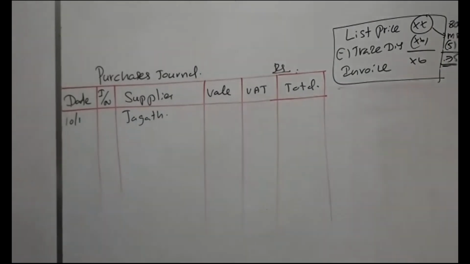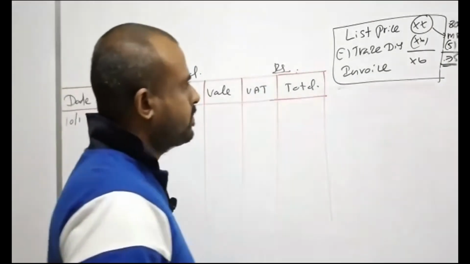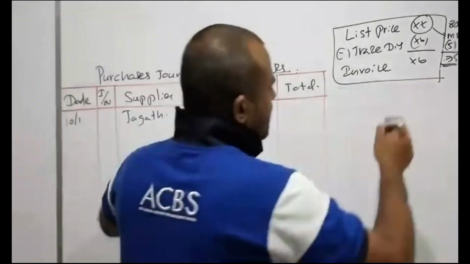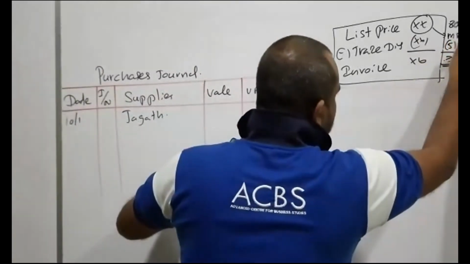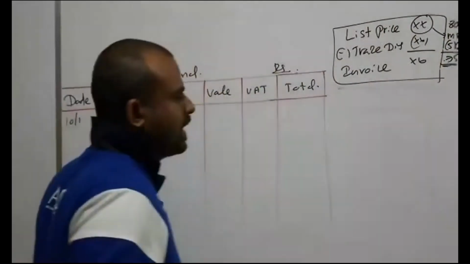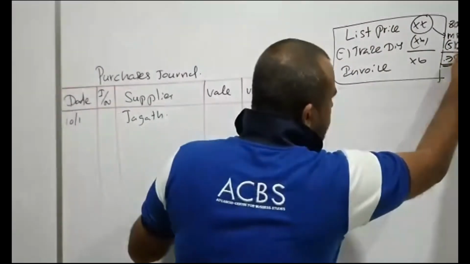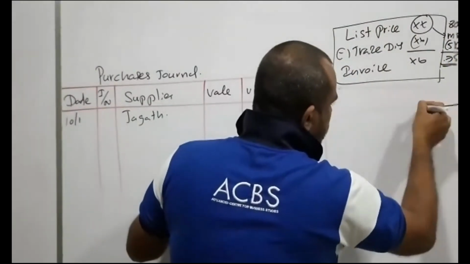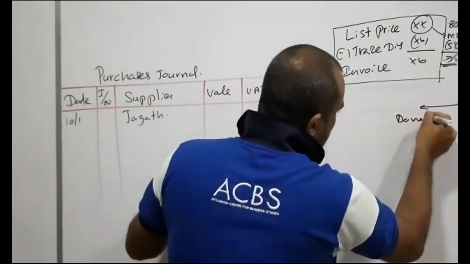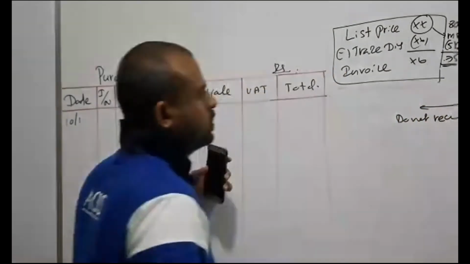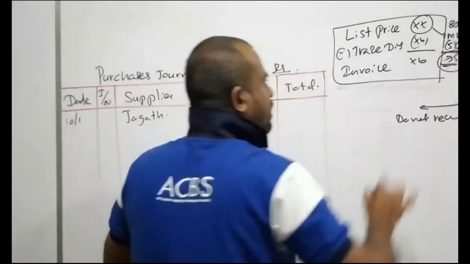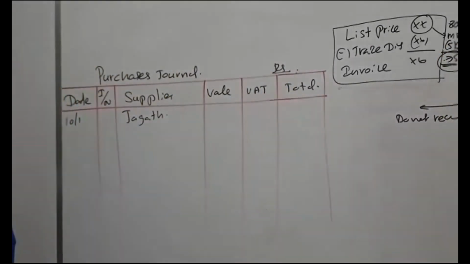Remember, son, when we discussed the receipts journal, these trade discounts we never record in the books of accounts. Then as the value of the purchases, how much are you supposed to record?